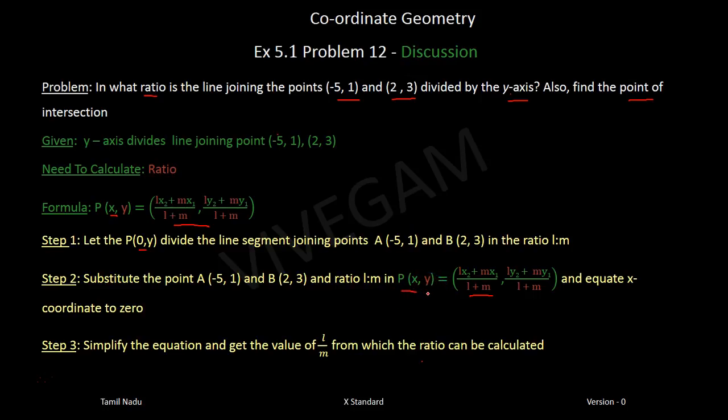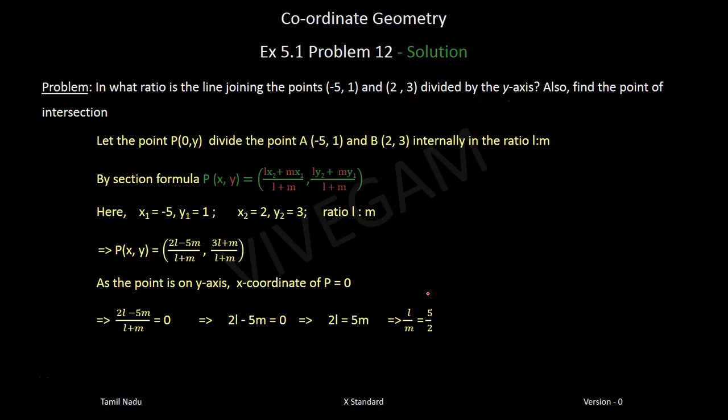Please pause the video here and try to work this problem on your own, and on completion please come back and check your working against our solution. So let the point be (0, y). Since the point is on the y-axis, the x-coordinate is 0.